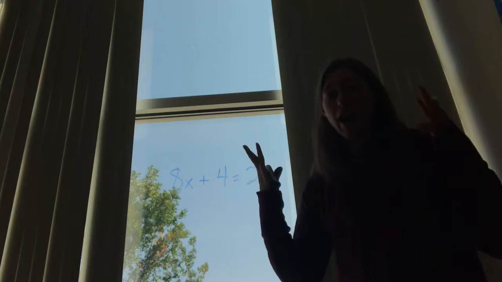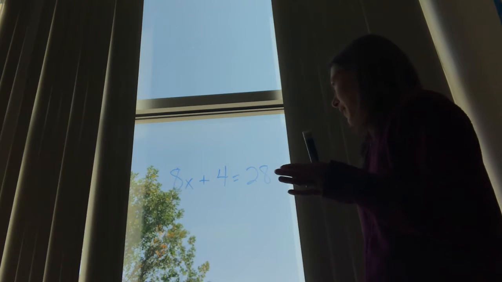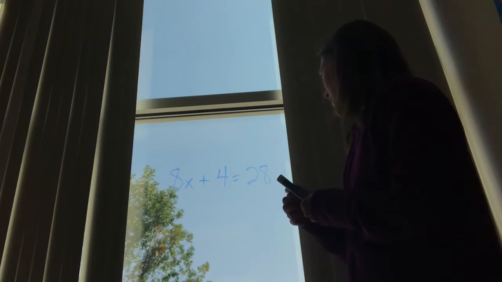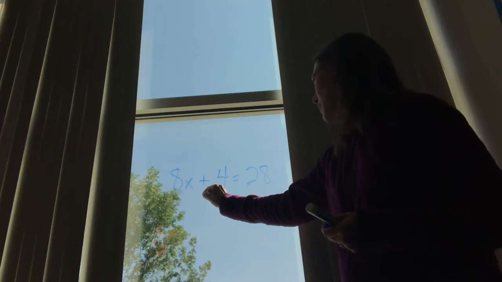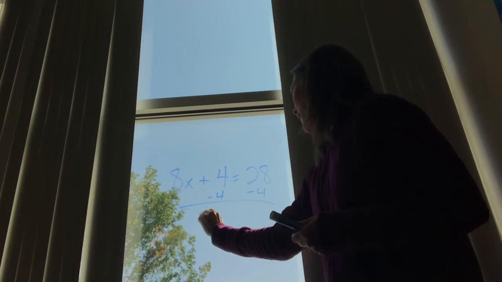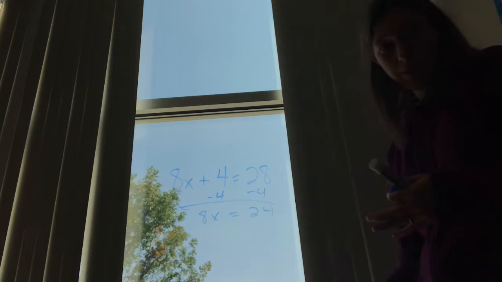And so we need to make sure x stays with that special number as long as possible. Okay, so I'm going to get rid of the other part. Okay, we got to make sure we do the same thing, both sides of the equal sign. So I'm going to, since we're adding 4, I'm going to do the opposite and subtract 4. And then I get 8x equals 24, right?